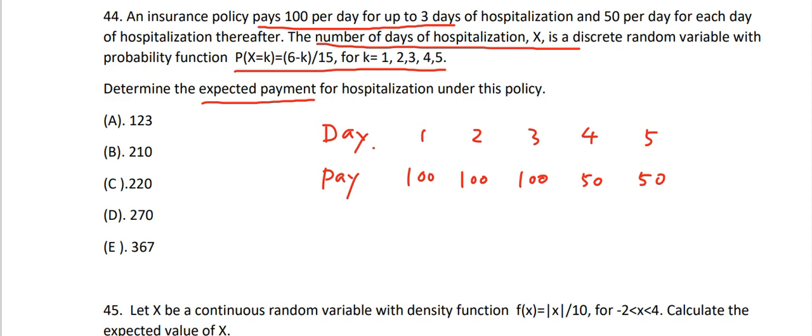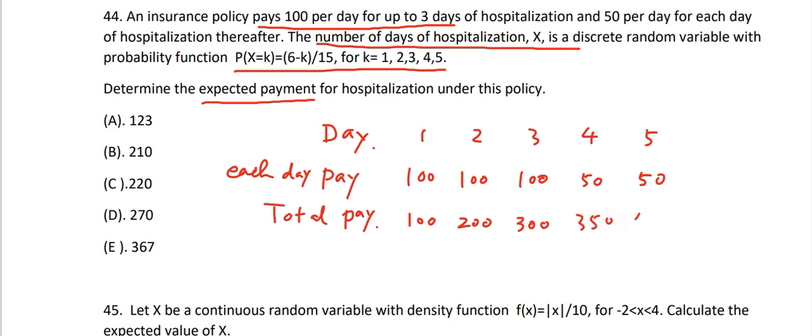But what we're talking about is total payment, right? If 1 day, 100; 2 days is actually 200, right? Don't get confused, each day pay. So 3 days total pay 300, then 350, 400.